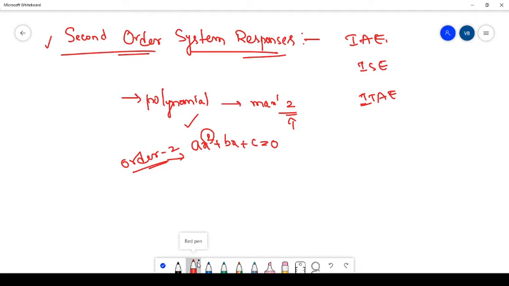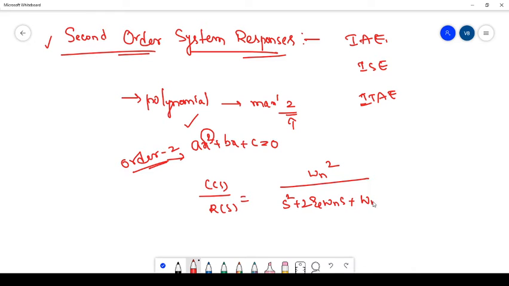So we can define the transfer function of a second order system response: C of S by R of S equals omega n square by S square plus 2 zeta omega n S plus omega n square. This you already know from control systems.